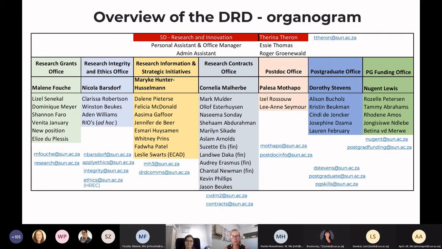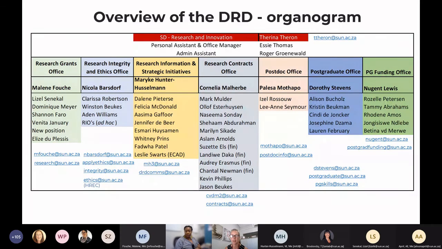Then the postdoctoral office, Palesa is heading up. Palesa, if you can switch on, please do so. Heading up the postdoc office. They've been extremely busy and undercapacitated in these past months, but we are working and we will continue to work on their capacity to deal with around 350 postdocs per annum, which you can imagine is an enormous undertaking for a small office like that.